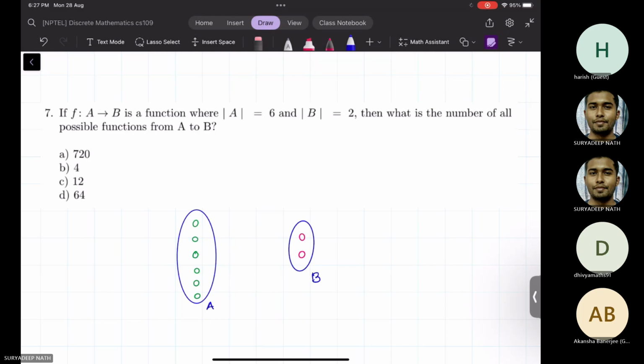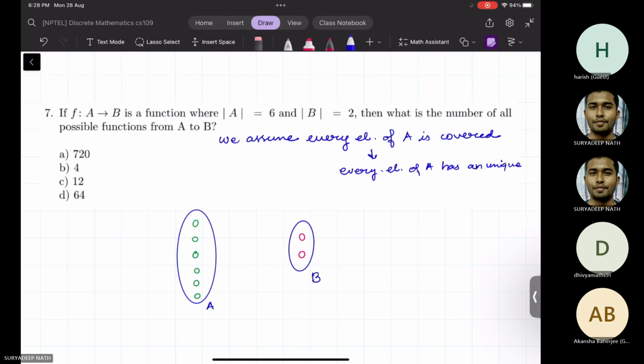It is a function defined, so we assume that every element of A is covered, meaning every element of A has a unique image in B. The first element, let's say this one, can be mapped to the first one, or it can be mapped to the second one as well.